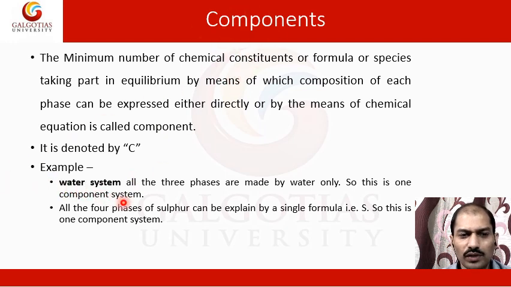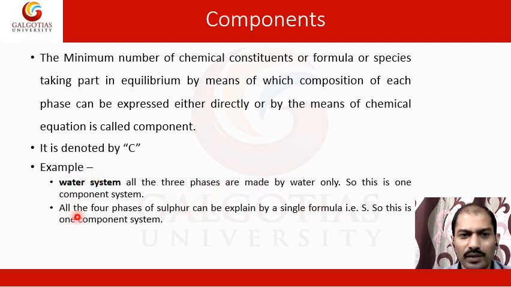So if you see for example the water system, all three phases are made by water only. So there is one component system. All four phases of sulfur can be explained by a single formula, sulfur.